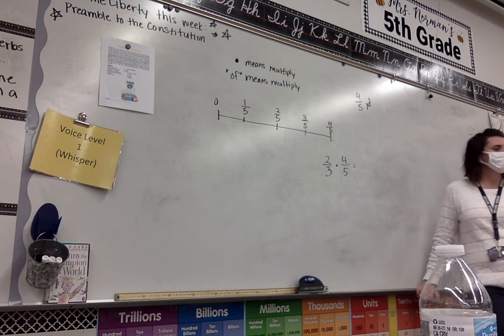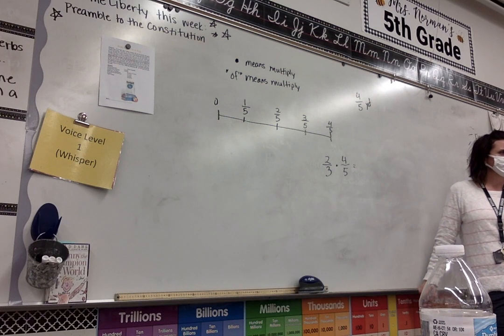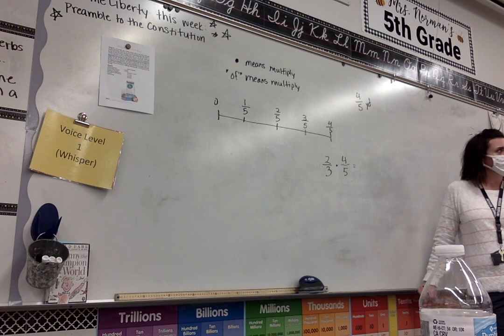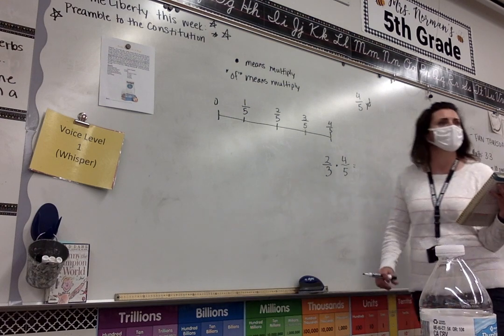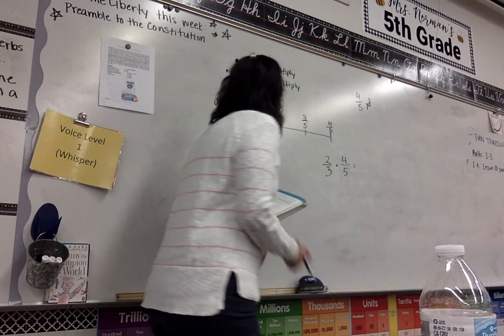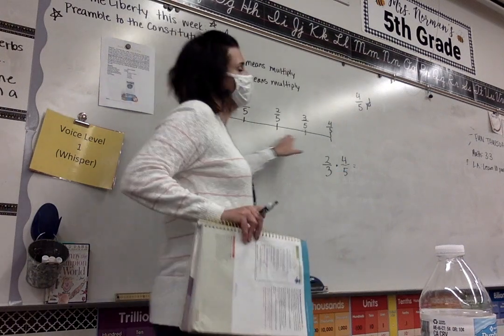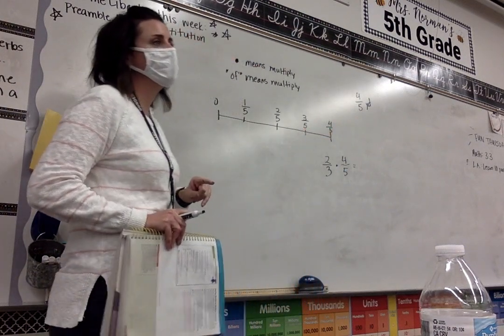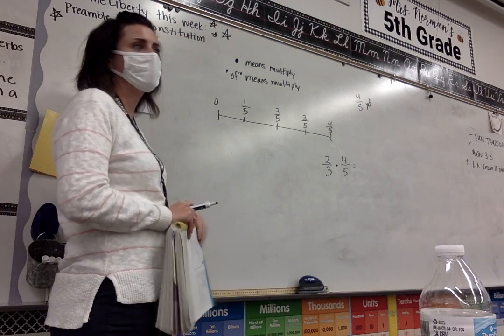Connor, what else? I was going to say you can split each fifth into 3 parts, and then shade in 2 of those parts. I like that. Okay, so Connor had a great idea. He says I've already split this into fifths, but each fifth I could split into thirds.